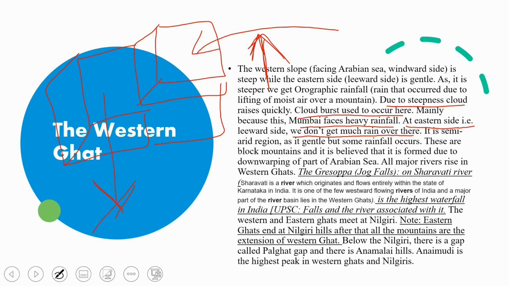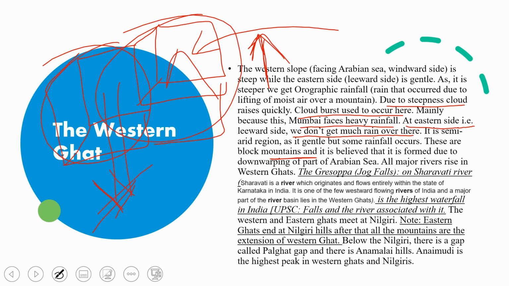Okay, so this land is the submerged one. So due to this submerging or down warping or upwarping, we will get the formation of a mountain. Okay, so the same thing it is saying, the eastern side, the leeward side, is a semi-arid region, and these are block mountains. This is called block mountains. Okay, and it is believed that it is formed due to the down warping of part of the Arabian Sea, that is this one, down warping of part of the Arabian Sea.